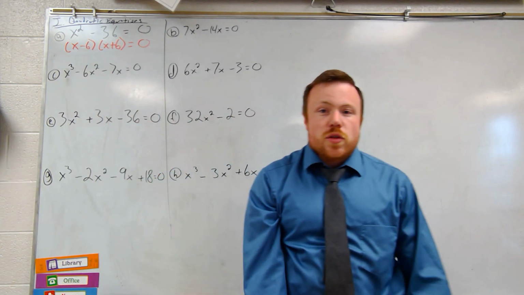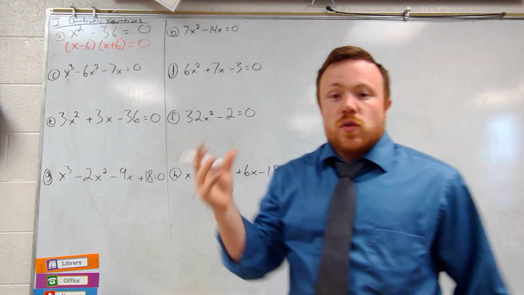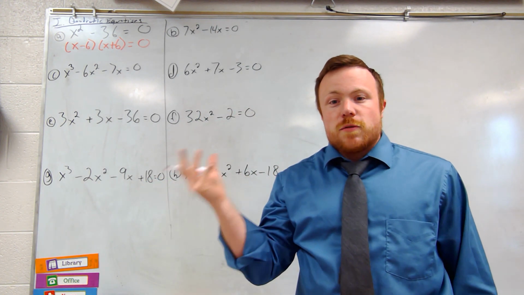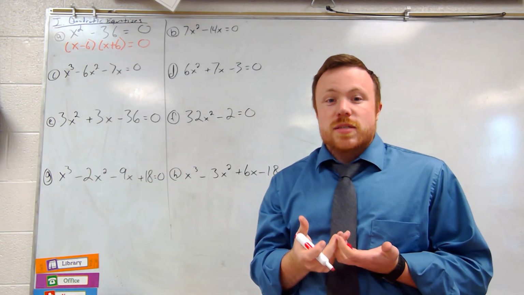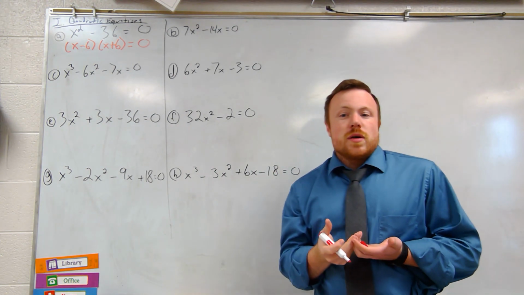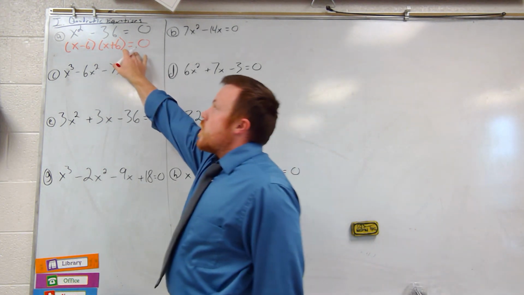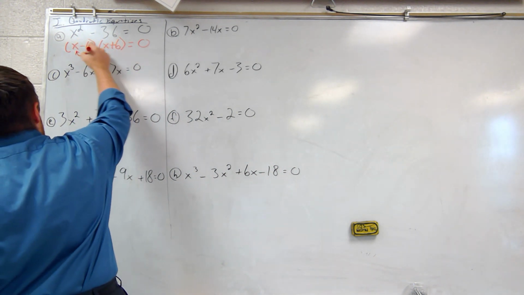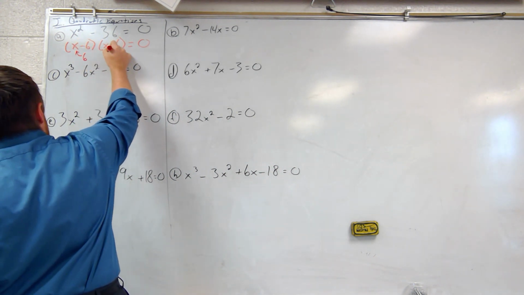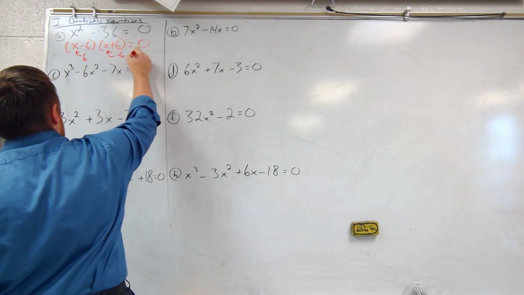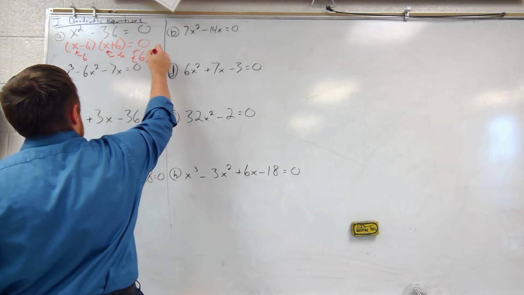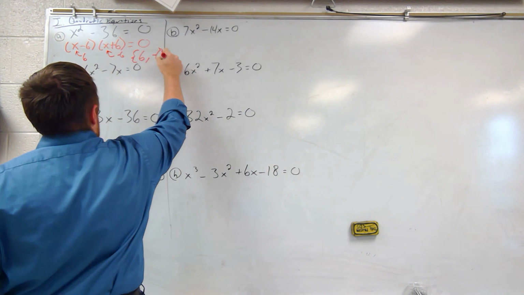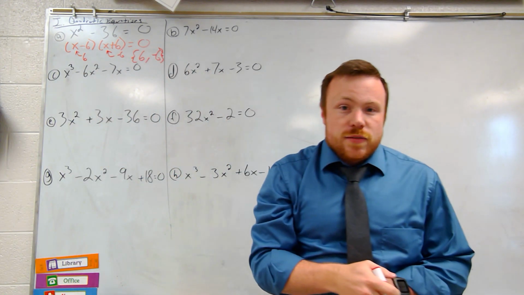And since they equal 0, when we have 2 factors that are multiplied together to give us 0, what that means is we're going to set each of them equal to 0. So what would we plug in for x to get 0? There would be 6, and there would be negative 6. So our solution set is 6, negative 6.